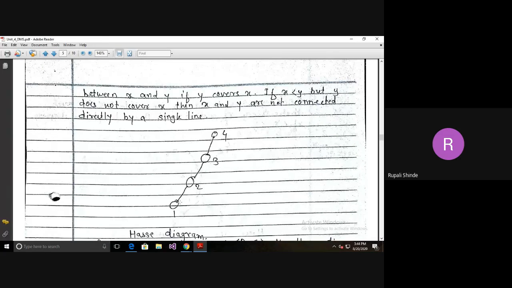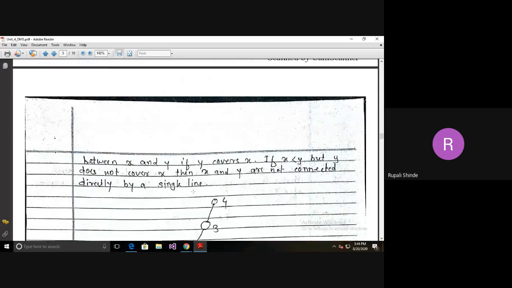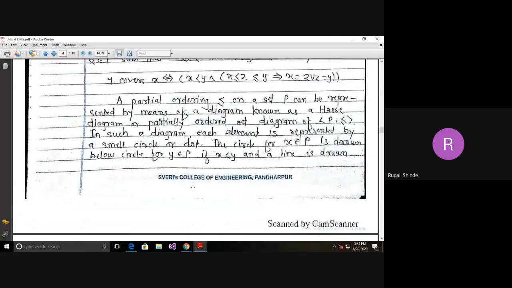Now these are two different elements, so first of all we have to represent them by two circles. Now x is less than y, so we should place x below y. Because x is less than y, x should be below y. In this way we can place those elements.